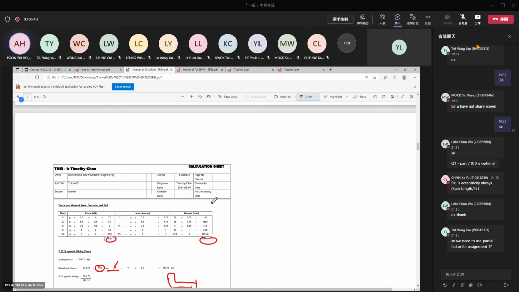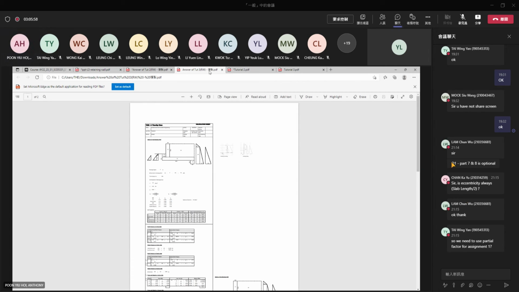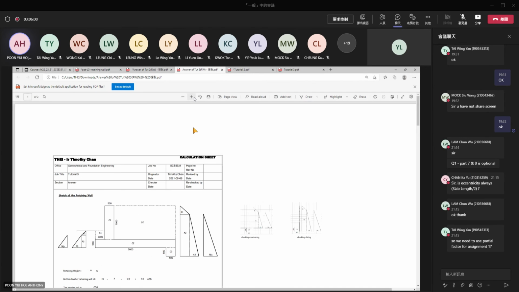So this is basically checking the retaining wall using the global safety factor. And for tutorial 3, actually this is on using the partial safety factor, but the basic concept is the same.